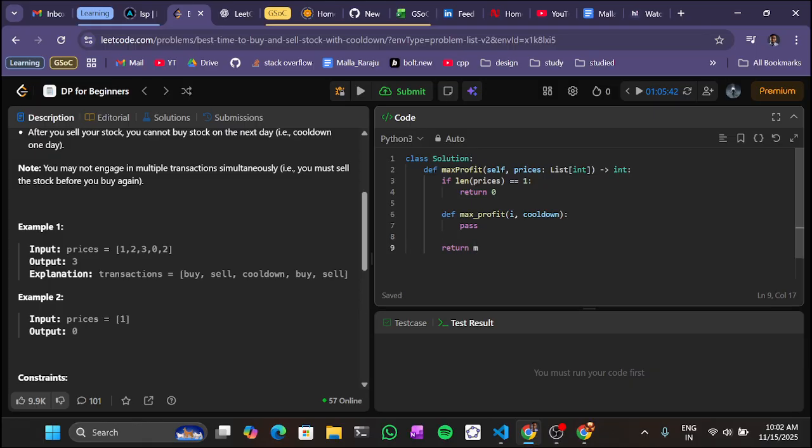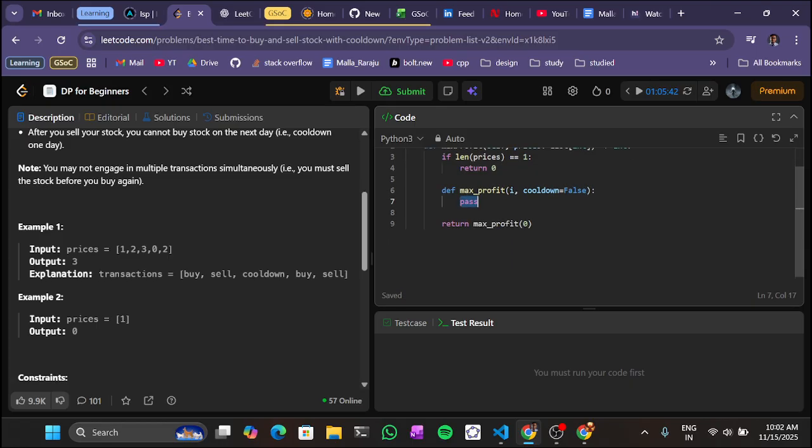Return max profit of 0, and initially let's keep cooldown equals to false. And if i equals the length of prices, let's return 0.